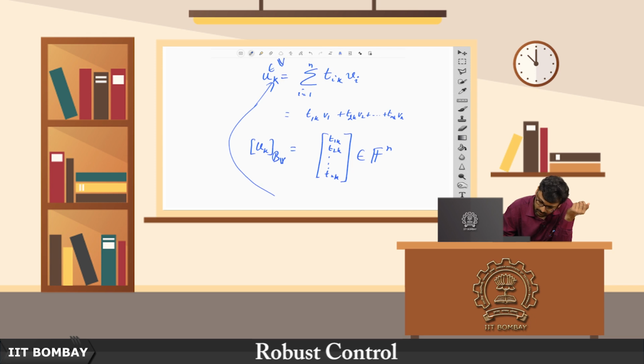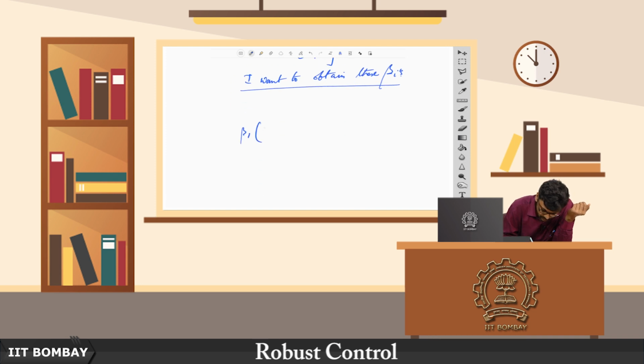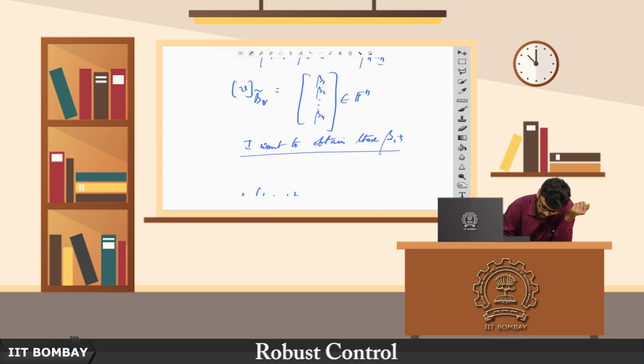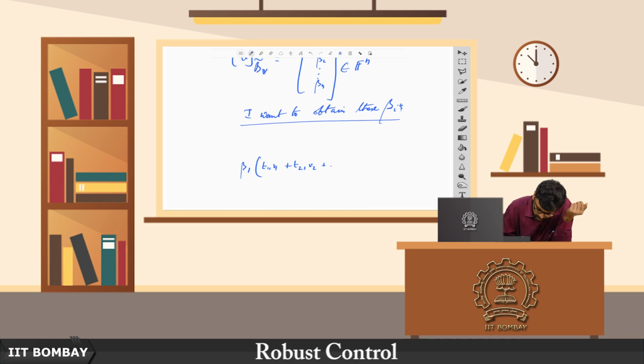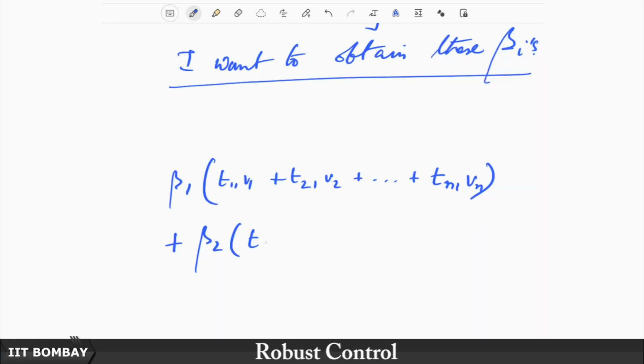It is basically T11 V1 plus T21 V2 plus dot dot dot till Tn1 Vn, plus beta 2 times, let me be a little careful here, the second index stays common.